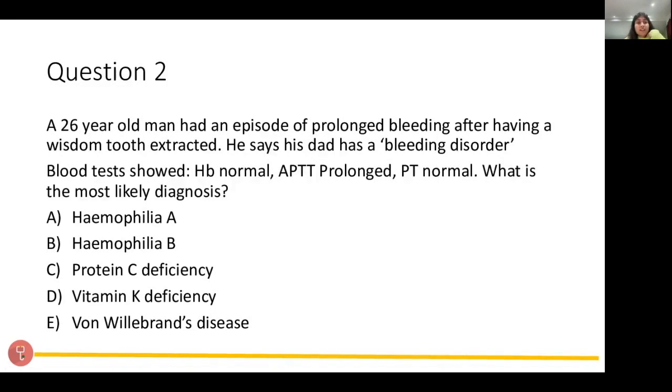The other thing is, both of these diseases, so haemophilia A and haemophilia B, and B, by the way, is a deficiency of factor IX. But anyway, with both of these diseases, they are X-linked chromosomal diseases, which would mean that he couldn't really inherit it from his dad, because his dad wouldn't be the one passing on the X chromosome.